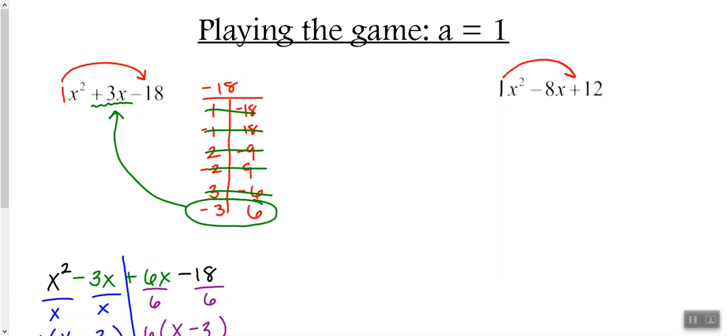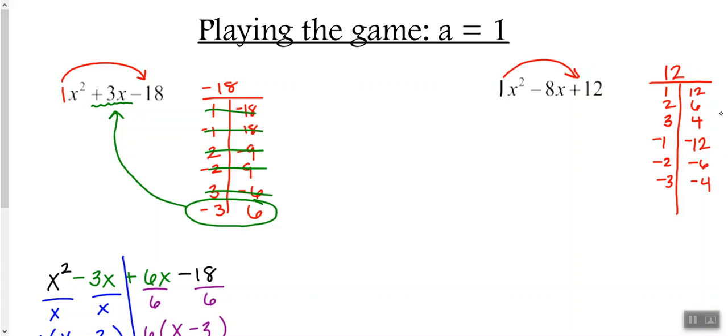So 1 times 12 is a positive 12. So I'm going to come over here, I'm going to make my list. I can go 1 times 12, 2 times 6, 3 times 4, but there are other ones. I could go negative 1 times negative 12, because a negative times a negative gives me a positive, negative 2 and negative 6, negative 3 and negative 4.